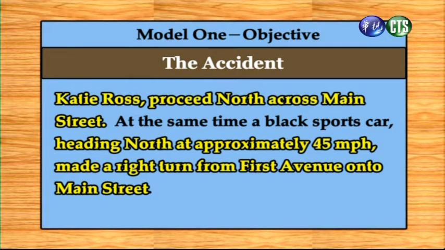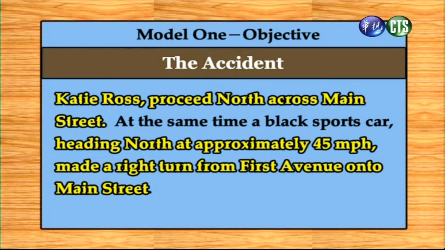Now, as we go on to the actual accident that happened, let's look at the objective version. And over here, we see some very specific information, such as who was involved, where were they, what direction were they moving, and how fast was the car turning.